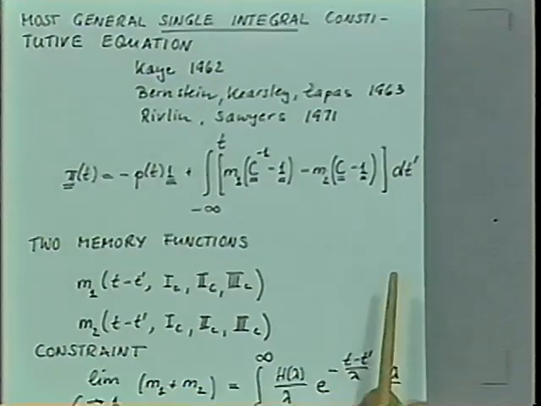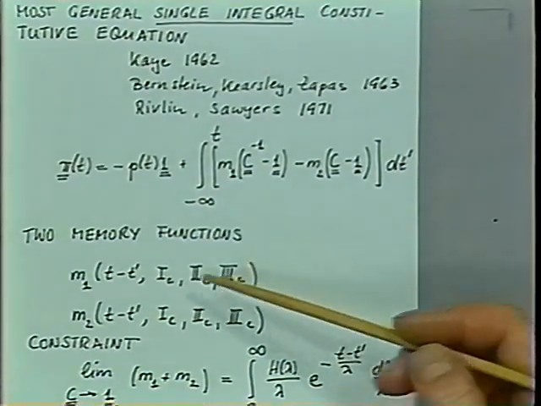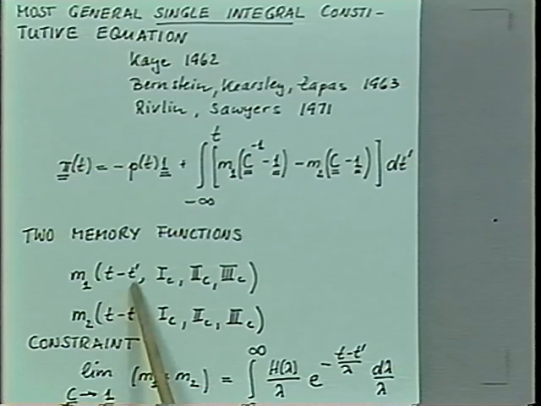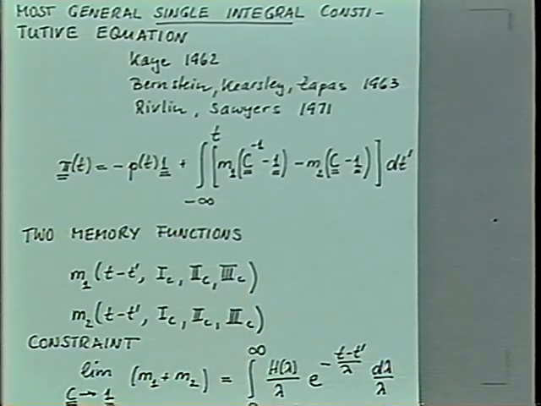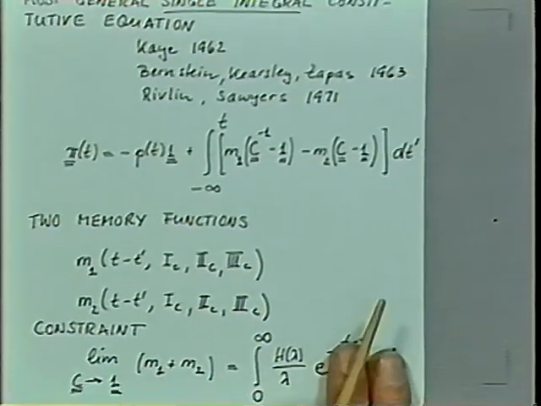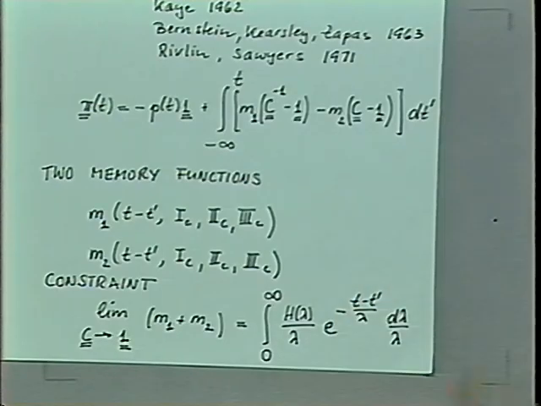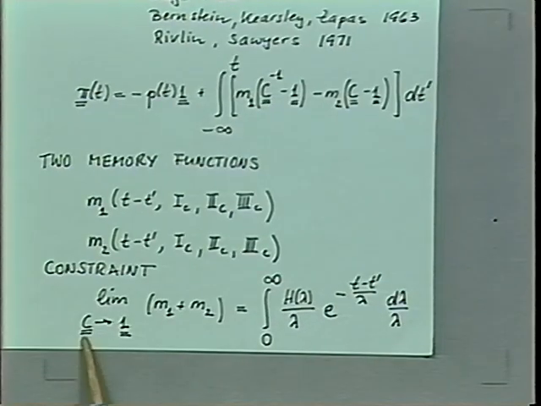Two material functions are needed, the memory functions, which depend on time somehow now, and they depend on the invariants. The third invariant will drop out for incompressible materials. In the limit of small strain, where the Cauchy tensor reduces to the unit tensor, and also the Finger tensor reduces to the unit tensor, M1 and M2 reduce to the memory function of the linear viscoelastic material.